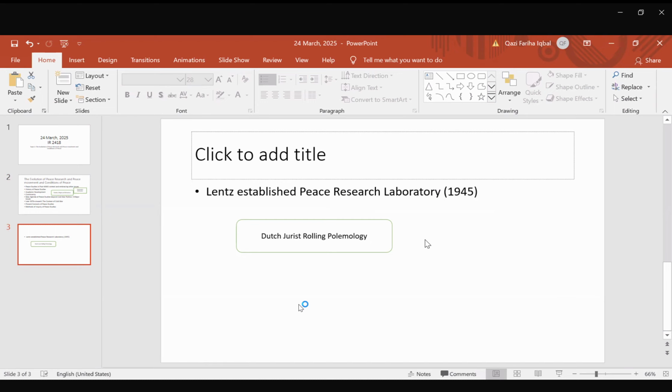So they are dealing with different sets of data. They're analyzing the data in a very quantitative way. They're quantifying the data to predict the possible outbreak of a war or the possible end of an ongoing conflict. So suppose the Russia-Ukraine war is going on.